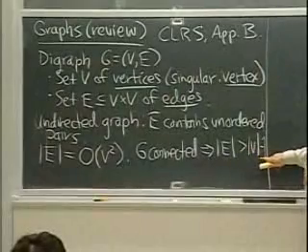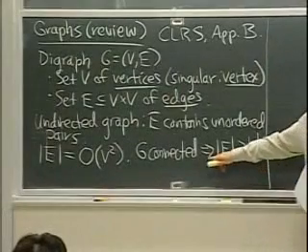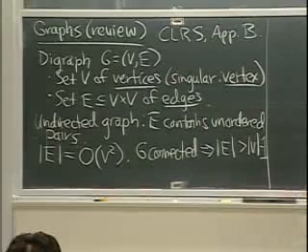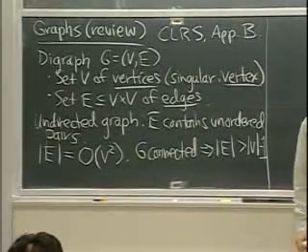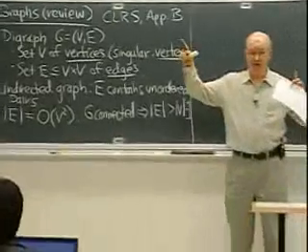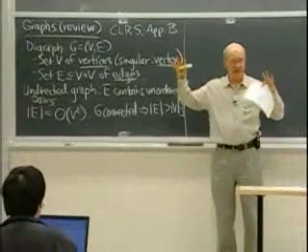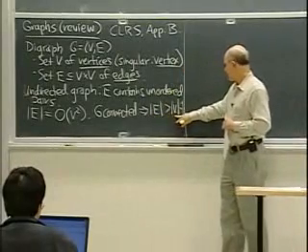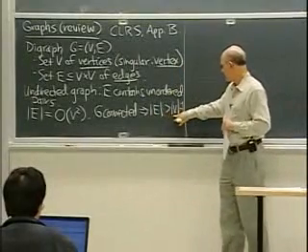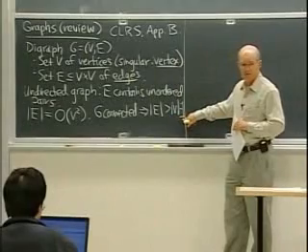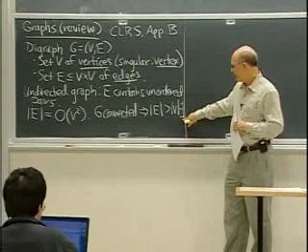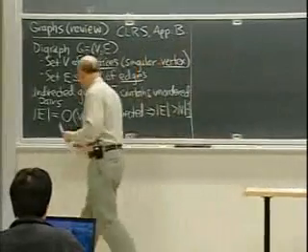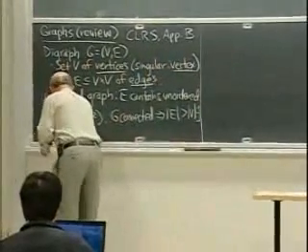So if it's connected, meaning, what does it mean to have a graph that's connected? Yeah, there's a path from any vertex to any other vertex in the graph. That's what it means to be connected. So if that's the case, then the number of edges is at least the number of vertices minus 1.